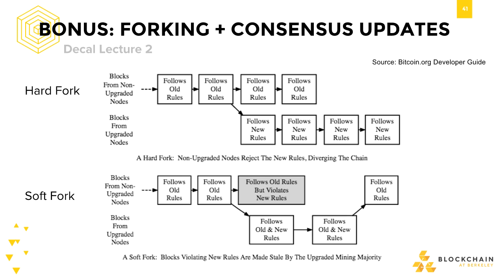Now, in a soft fork, you create a new chain that is still valid under the old rules. Sorry, I'm getting all confused here.